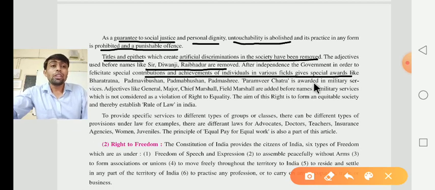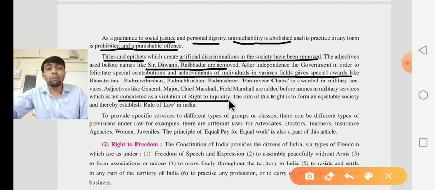Paramveer Chakra is awarded in the military services. Adjectives like General, Major, Chief Marshal, Field Marshal are added before the name in the military service. These names added in the military services are not considered a violation of the right to equality.